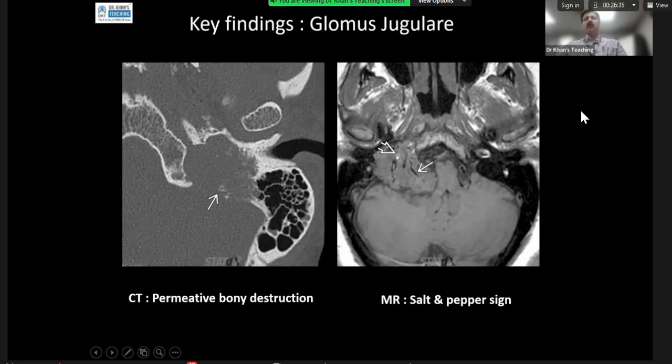You might see some micro hemorrhages, which are high signal on T1, and you can see filling defects because these are very vascular vessels which have high velocity flow, which appear as low signal. Salt and pepper sign on an MR, on a non-enhanced T1. The same thing you can see in the carotid sheath, as I have told you. And on a CT scan, you can see this bony destruction.